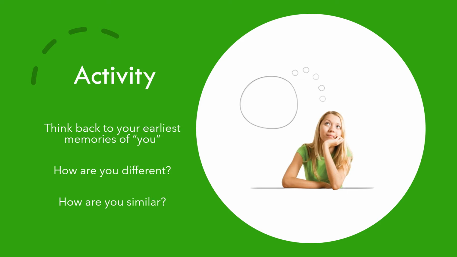And what I ask people to do when this is an in-person class is, after spending a minute or two thinking about that person, share with the person or people sitting around them some of the things about that person and how those things about that young you were different from you now, and how there's still some overlaps between the older you now and the younger you that you could remember.